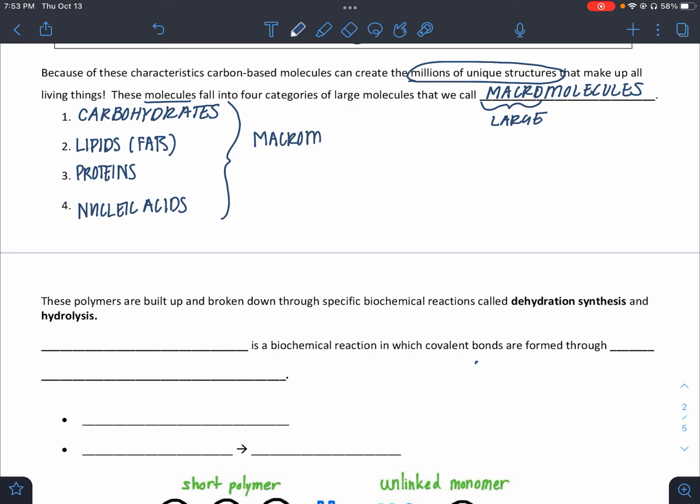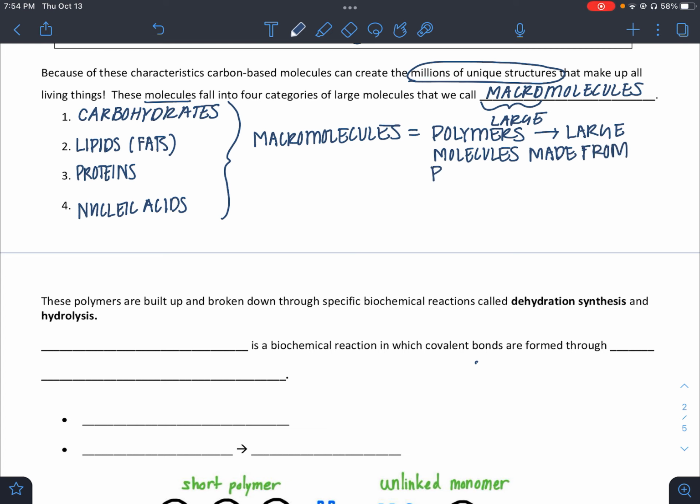We actually have a second name for these that pretty much means the same thing: polymers. Polymers are really large molecules, just like we said for macromolecules, that are made up of repeating building blocks.